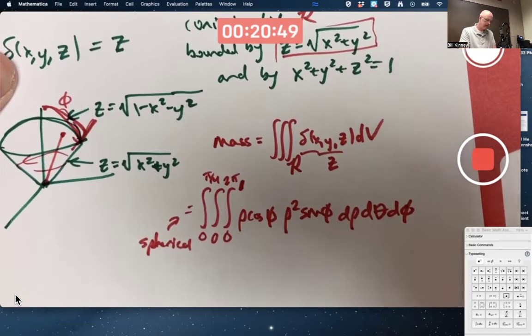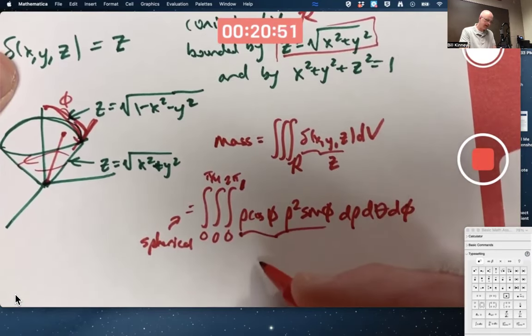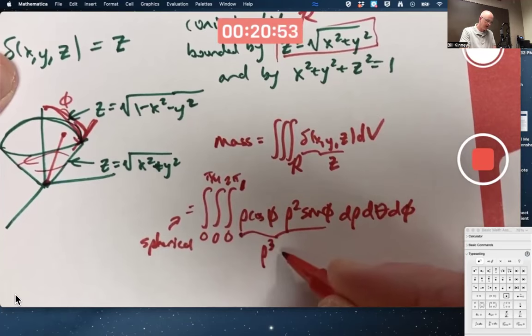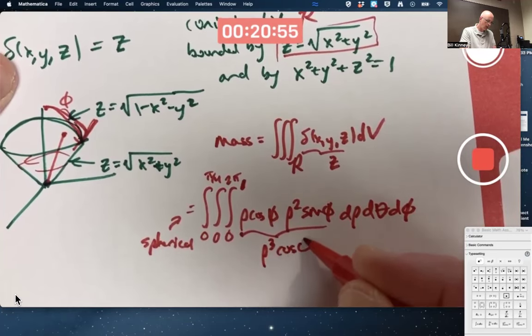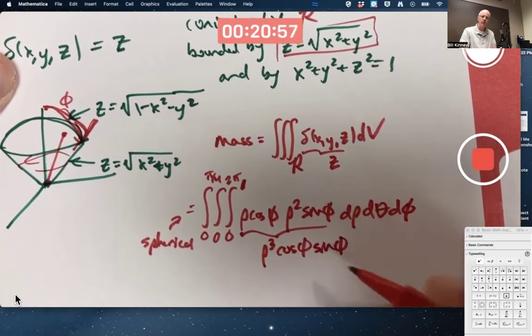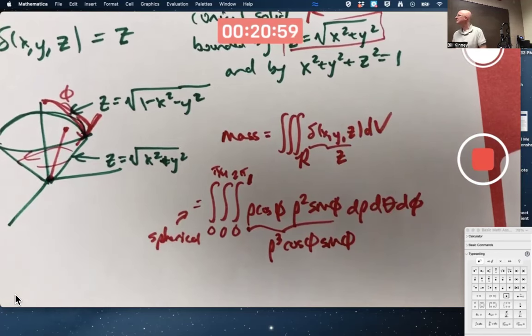Is that hard or easy to do? Well, certainly the inner integral is not difficult. You're integrating with respect to rho, and you'd get rho to the 4th over 4, rho going from 0 to 1. That wouldn't be too bad. Then the middle integral would be integrating with respect to theta. You don't see any thetas. It's a constant with respect to theta. You'd get the constant times theta.